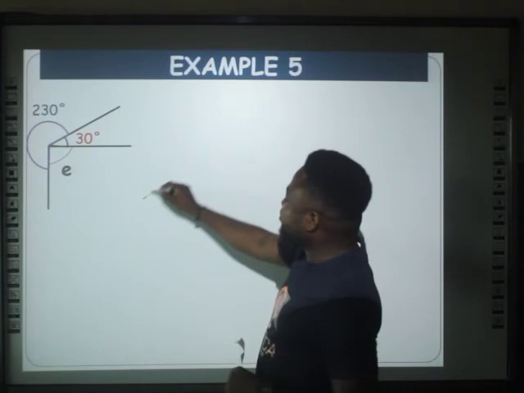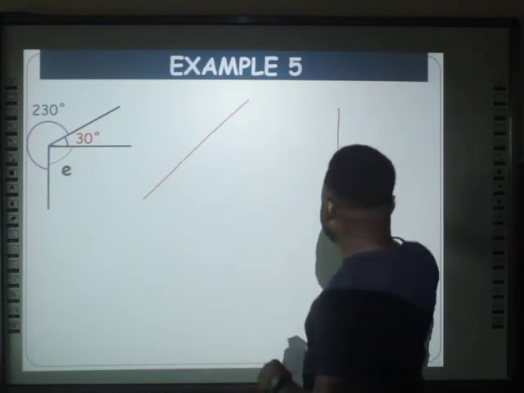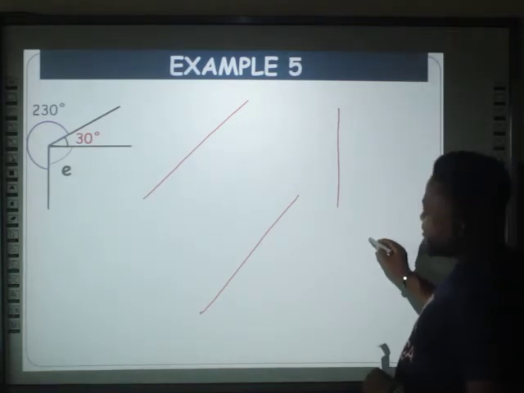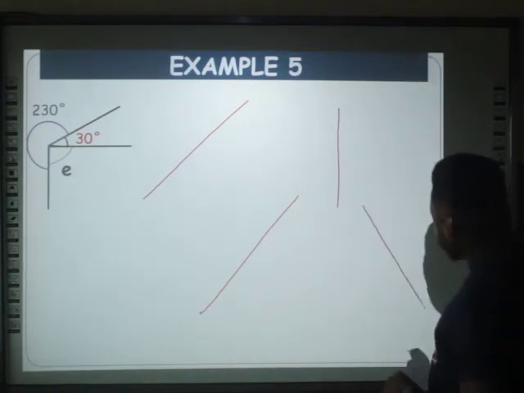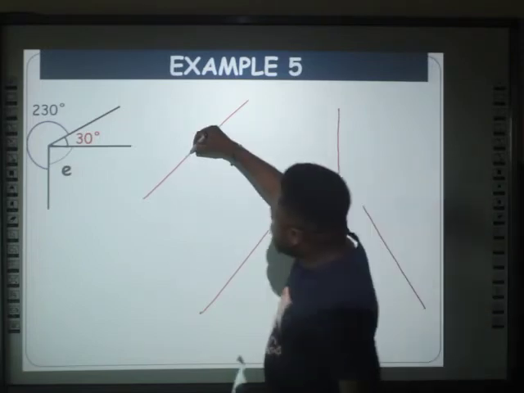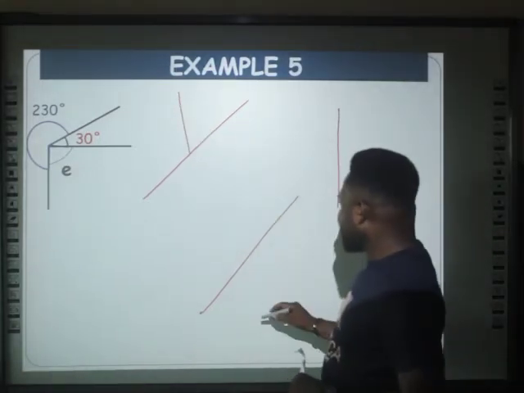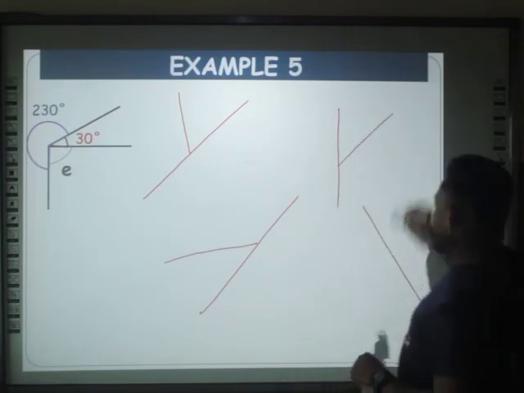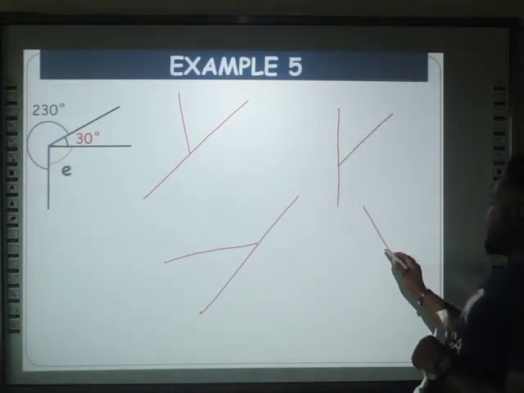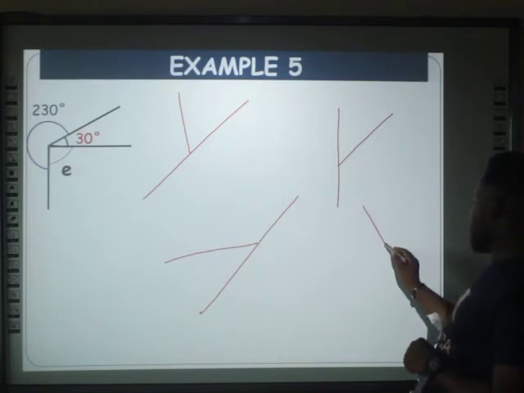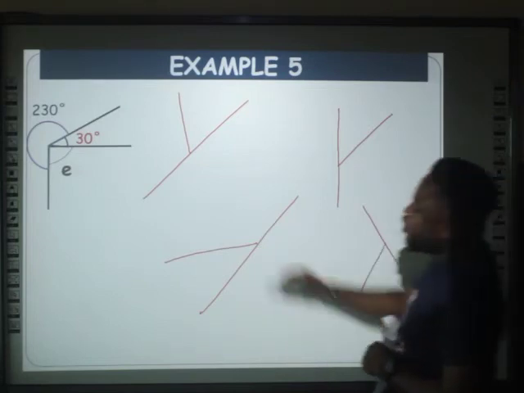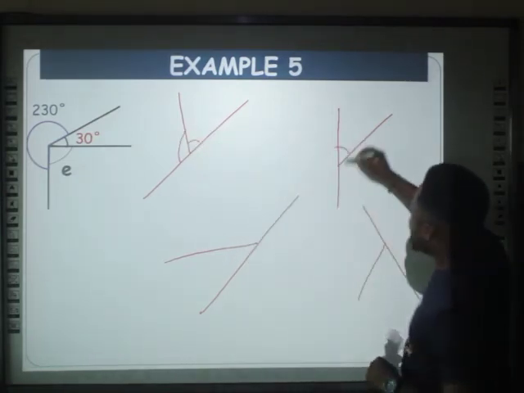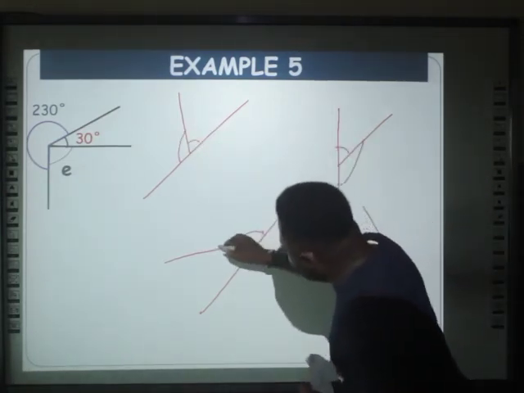If you have something like this, project a line this way, project a line this way, project a line this way, then project a line this way. All the angles here, because this is a straight line, will add up to 180 degrees.